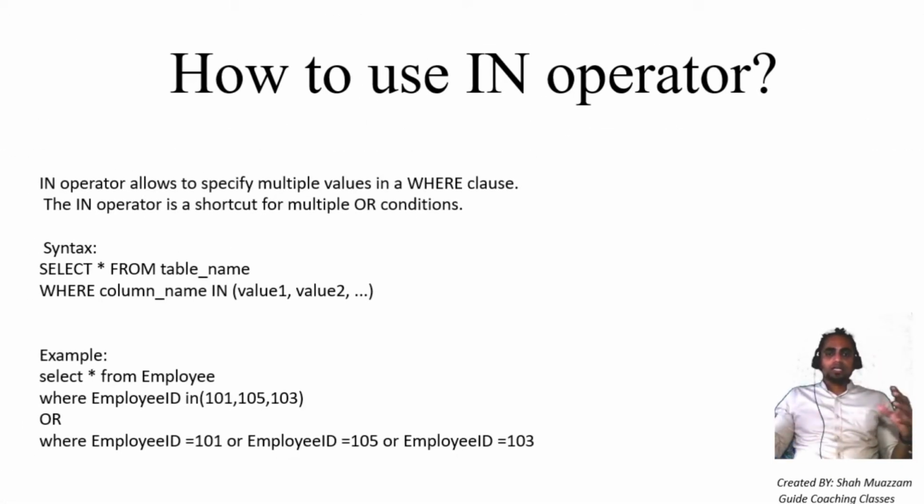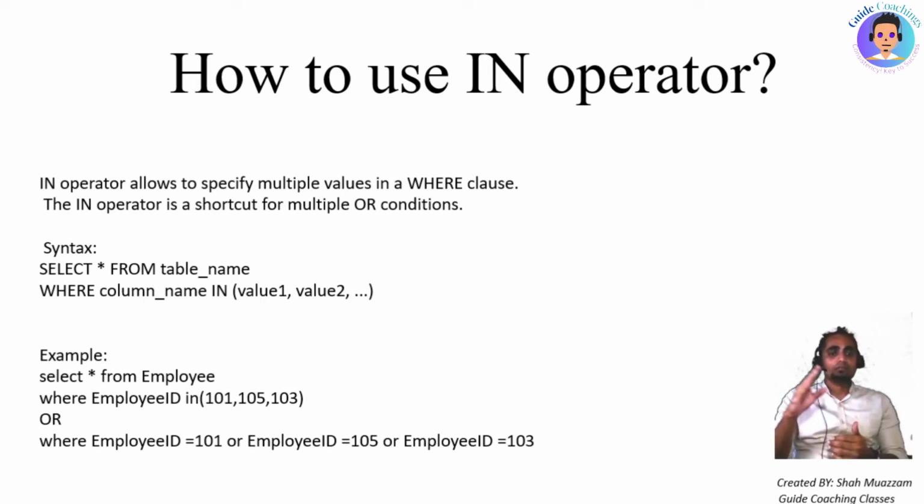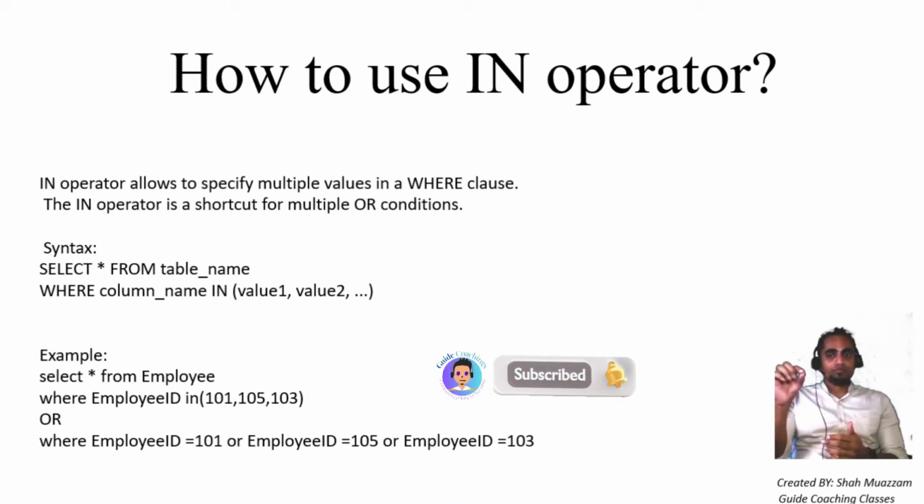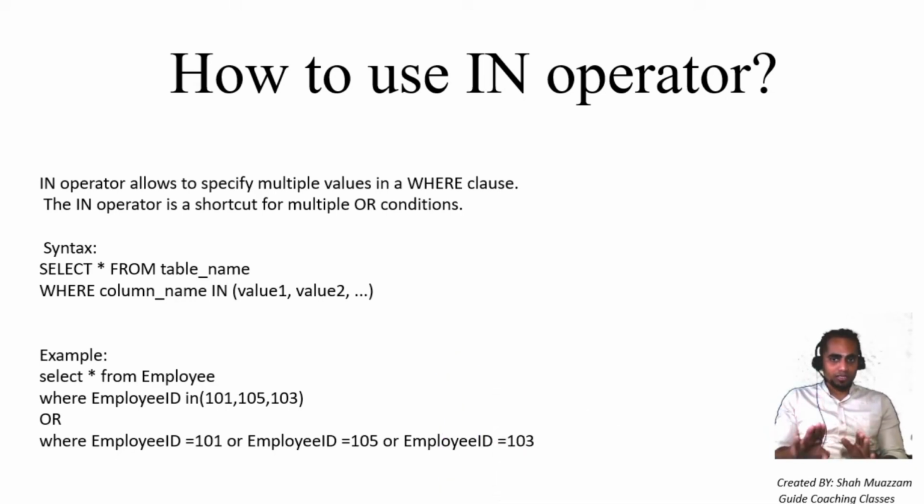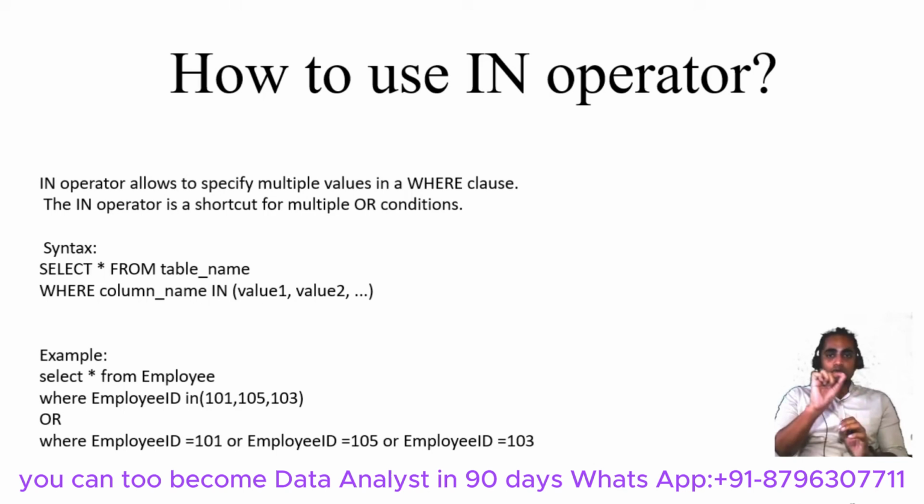Instead of writing this big query, you can sum it up into a much smaller query. The example would be select star from employee where employee ID in. We are not using equals to, less than, or greater than signs over there. We are just writing the column name, employee ID, and IN, and then we write the values which we want to search in that particular table.